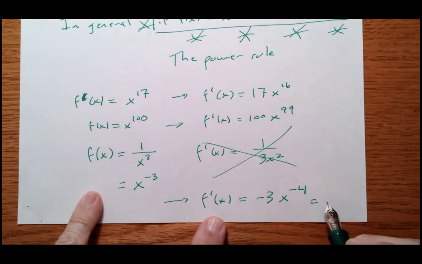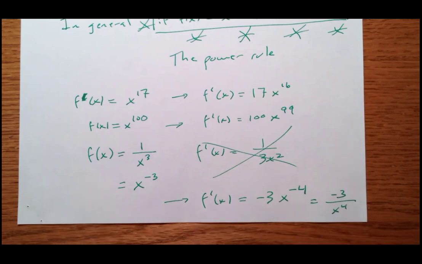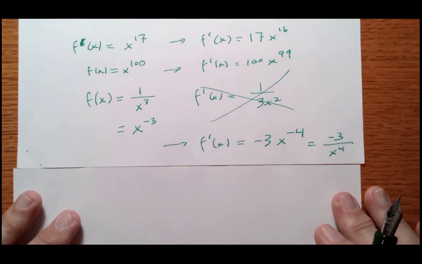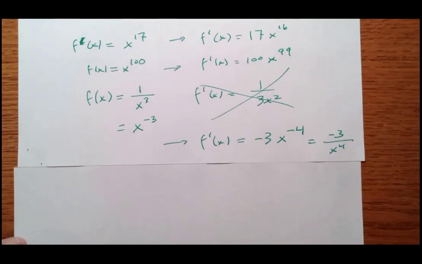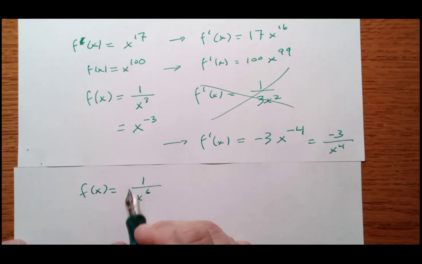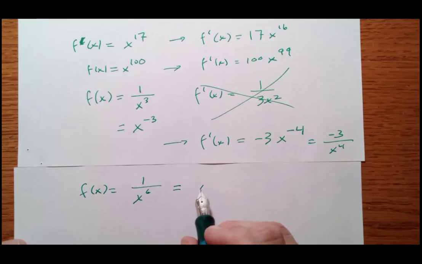By the way, only the power goes in the bottom. This number stays on top. As long as I can convert my expression into x to a power, this works. 1 over x to the 6th is really x to the minus 6th.